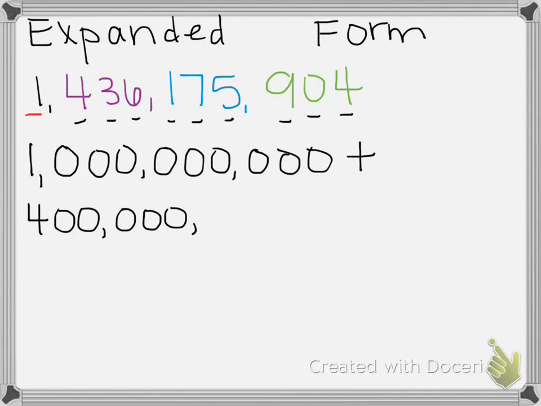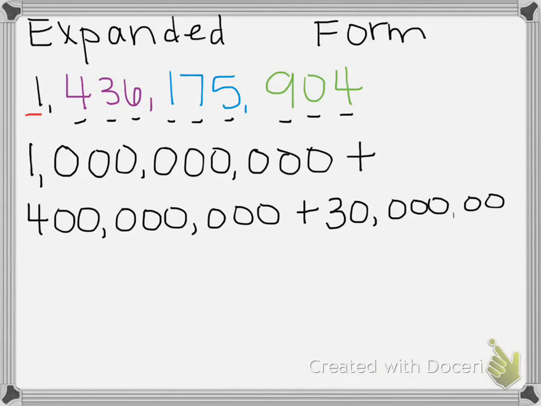The next digit is the 3 in the 10 millions, so its value is 30 million. Plus, our next digit is the 6 in the millions place, so 6 million.